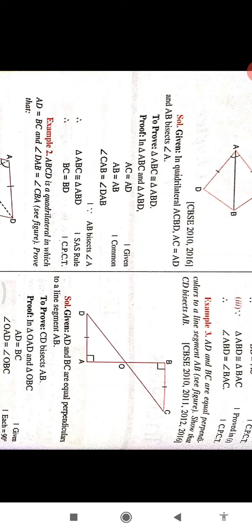Which two equal parts? If we can prove OA equal to OB, then we can say that CD bisects AB, meaning OA and OB are two equal parts.